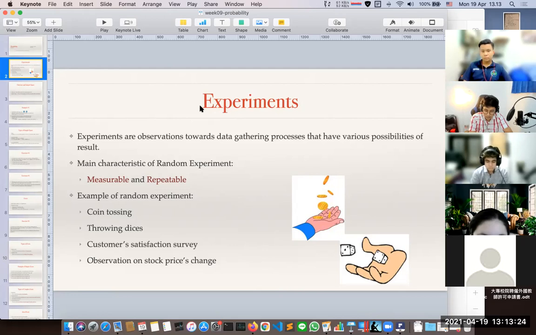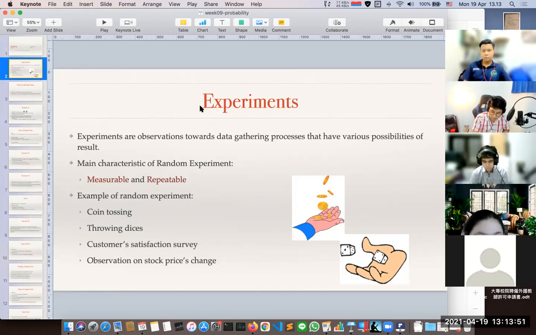The most interesting are the random experiments, because it is random. Sometimes it will be unpredictable. Sometimes you cannot really predict the results. They cannot produce the exact same result every time. The results of the experiments that you perform will vary from one to another.